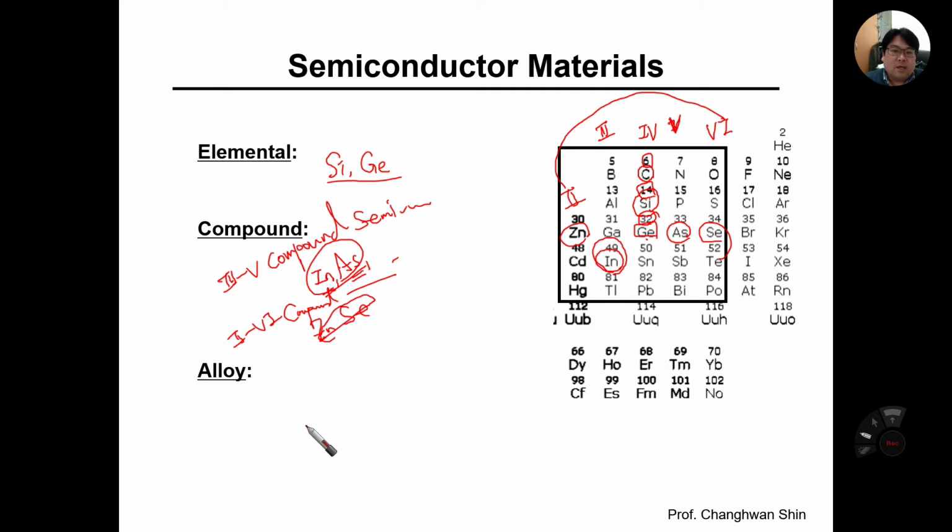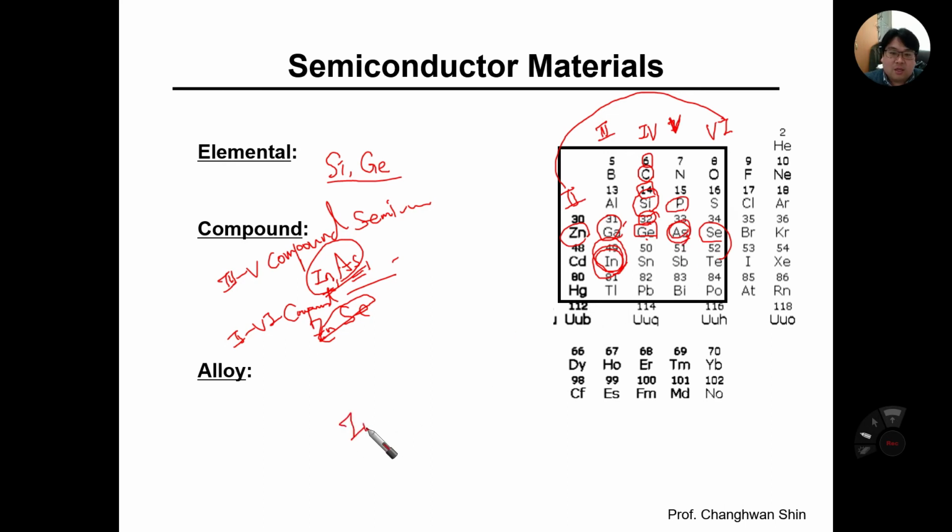Okay, then the last classification for semiconductor material is alloy semiconductor material. So alloy means kind of mixing up many things. Now you're free to choose any atom from this black colored box. Let's do that. Say gallium, indium, phosphorus, and arsenide.